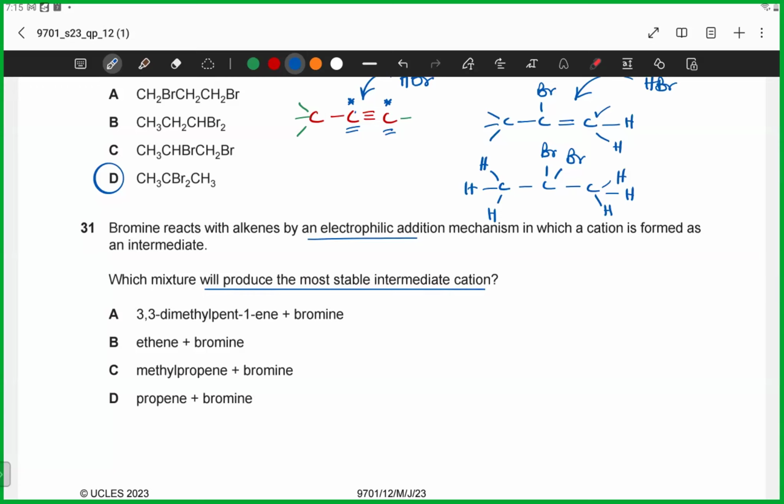Tertiary. ठीक है, remember tertiary carbocations are the most stable, क्योंकि if the carbocation has alkyl chains which are electron donating, तो उसका positive charge density जो होती है ना, that's very less, ठीक है, which makes it very stable, it's very easy to form.